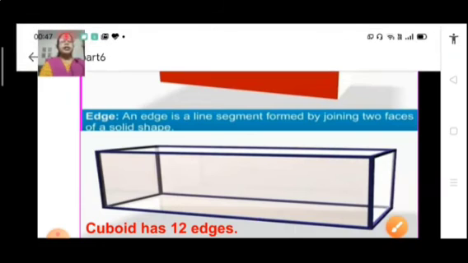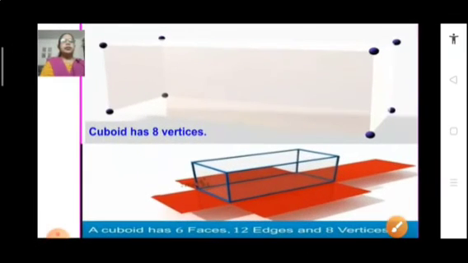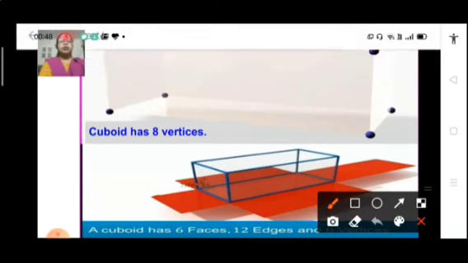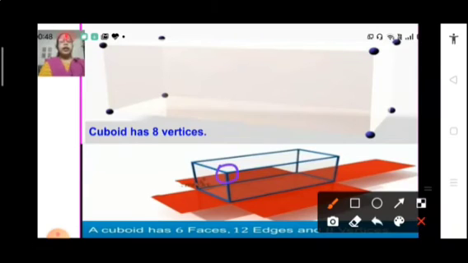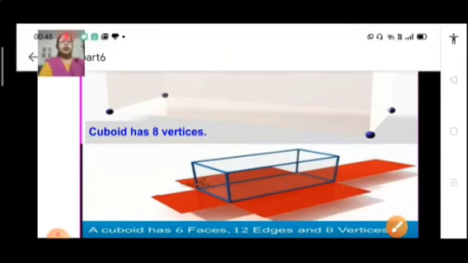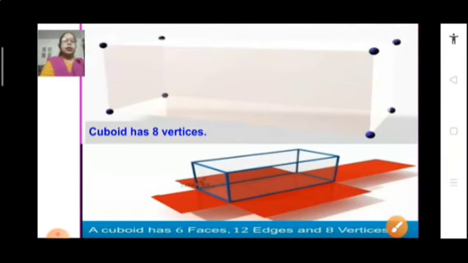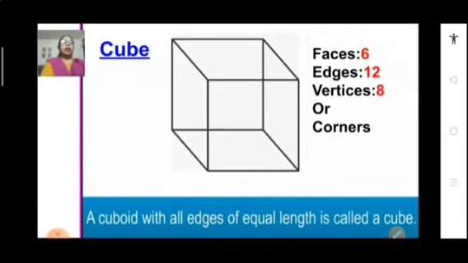So a cuboid has 12 edges. And a cuboid has 8 vertices. What are vertices? Where 3 edges meet, it is called a vertex, or vertices when plural. So a corner where the 3 edges meet is the vertex. So a cuboid has 6 faces, 12 edges and 8 vertices.